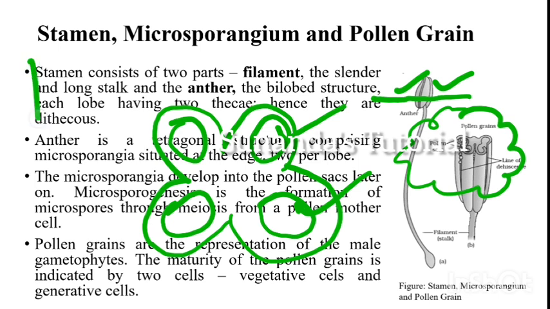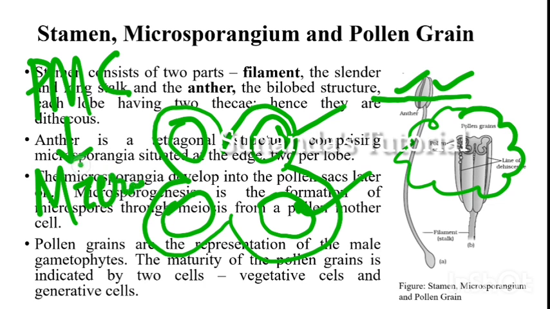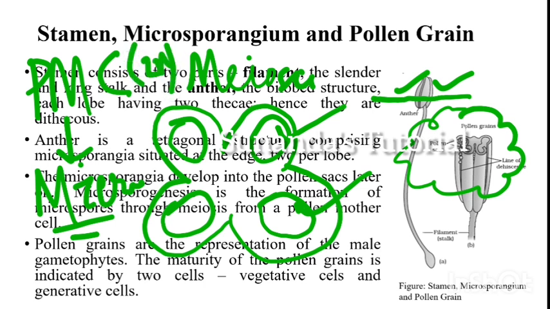Inside it, from the pollen mother cell or microspore mother cell, microspores or pollen grains will be formed by the process of meiosis. That means pollen mother cells are diploid in nature, and by meiosis, microspores are formed as haploid cells.